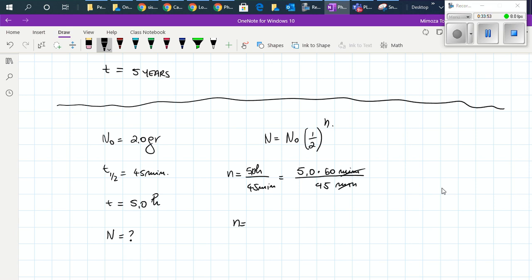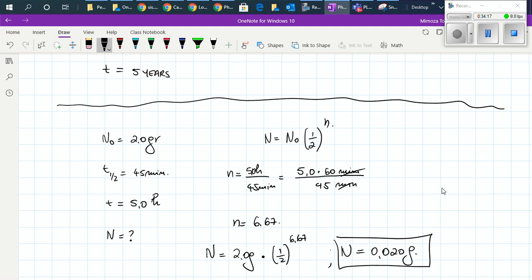So n is equal to 6.67. And then we find N as 2 grams times 1 over 2 to the power of 6.67, and N will be around 0.020 grams remaining after 5 hours. Okay.